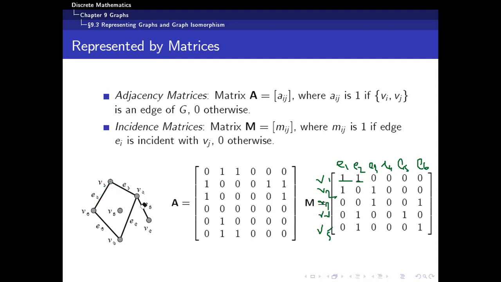Then V2 is connected with E1, E5. No, this one is E6 and E5. So there is a mistake in here. There should not be E3.